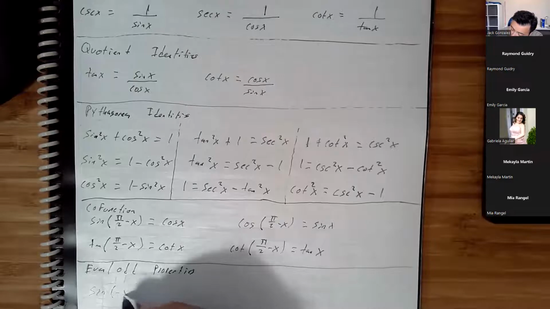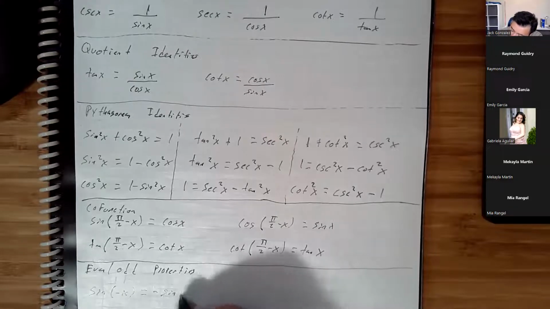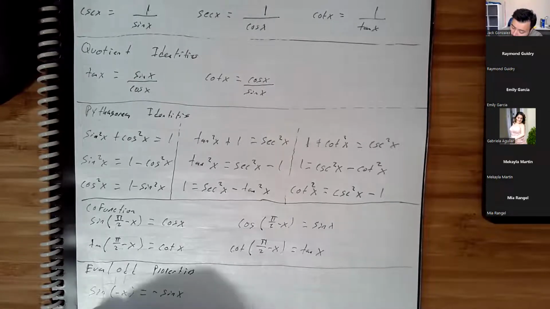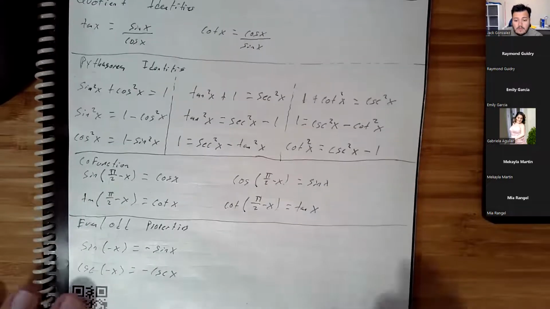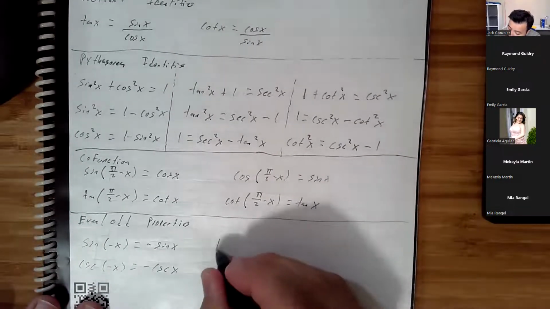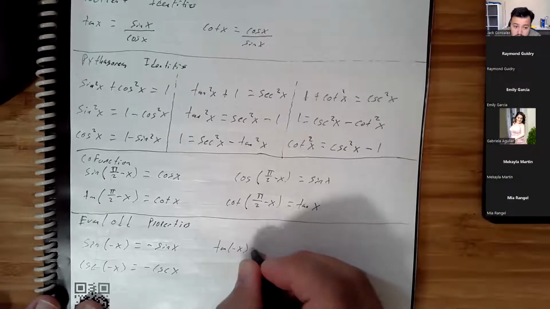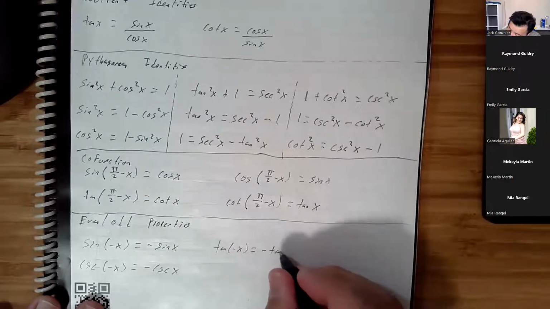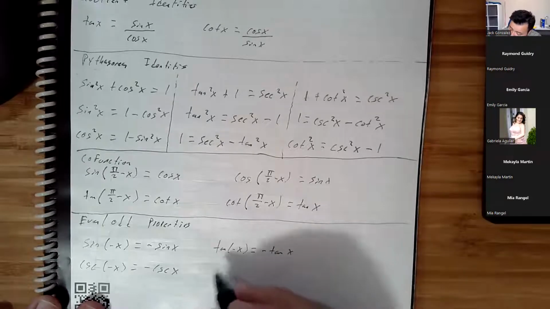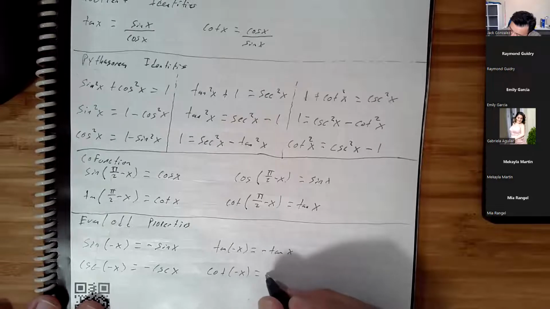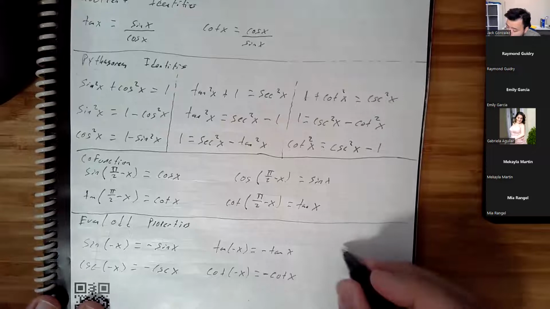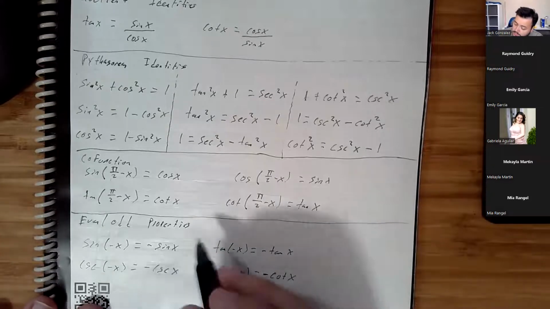So sine of negative x is equal to negative sine x. Cosecant of negative x is equal to negative cosecant. Tangent of negative x is equal to negative tangent. You all remember what even and odd functions are from college algebra. So all of these are odd right here.